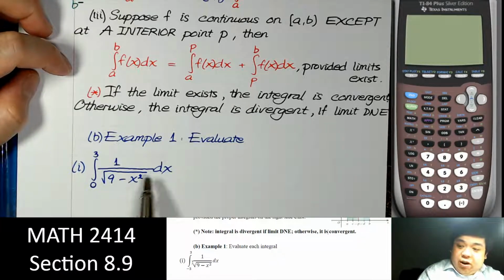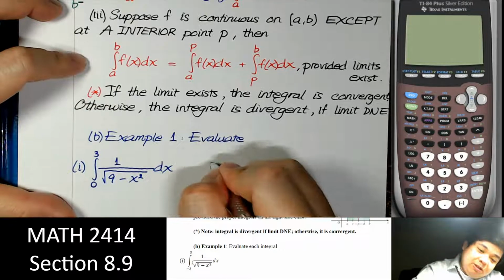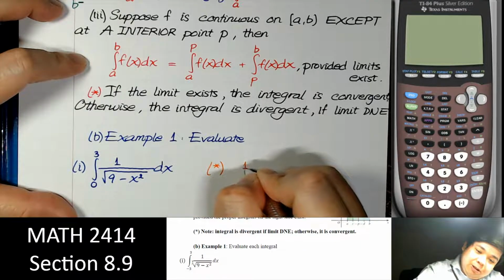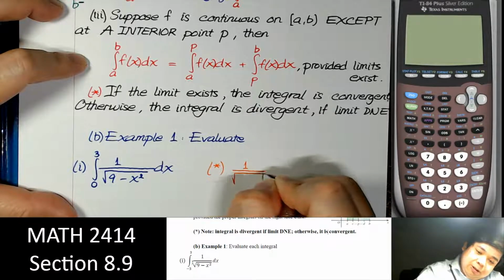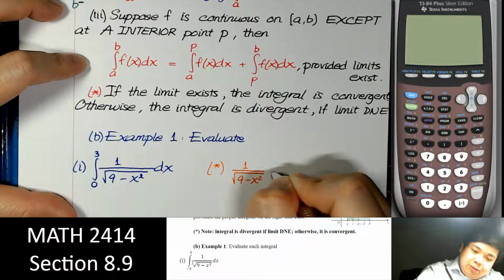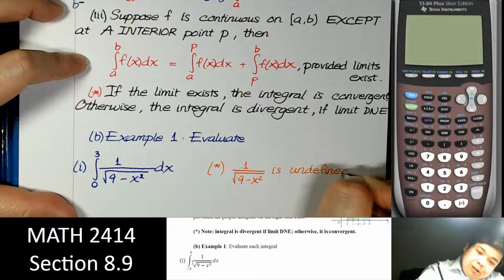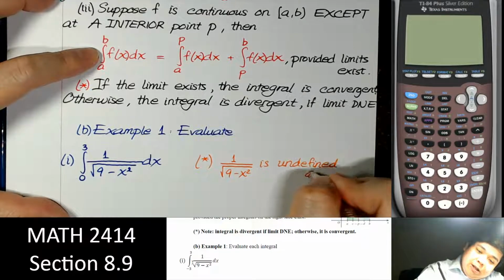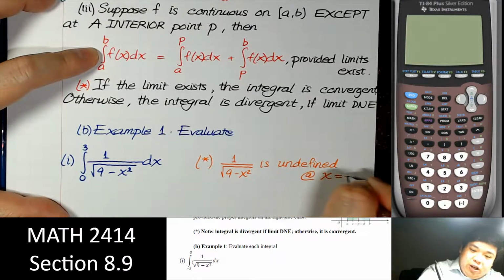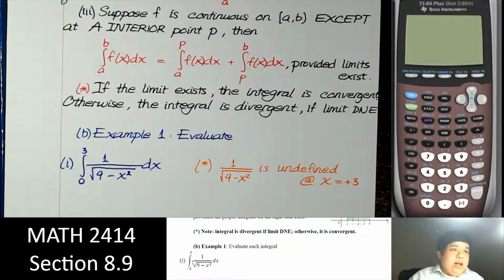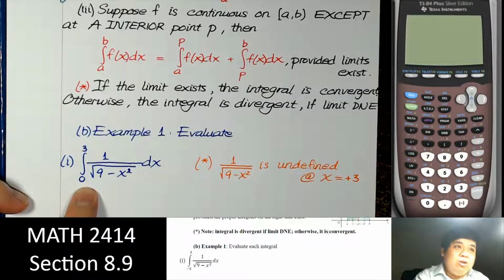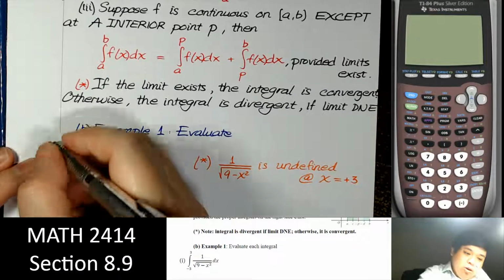Divided by 0 is undefined at x equal to negative 3, positive 3. So that's why I want to change the problem to 0, because otherwise there's a problem at both ends. Now just change to 0, so we have to worry about the 3 only.